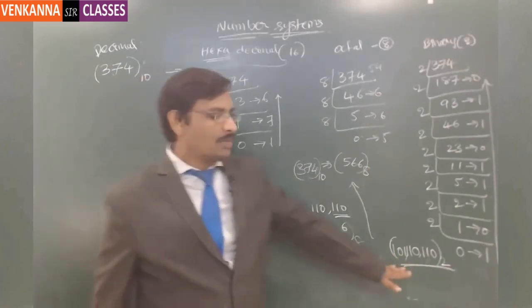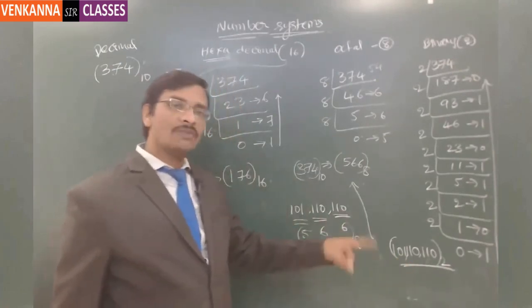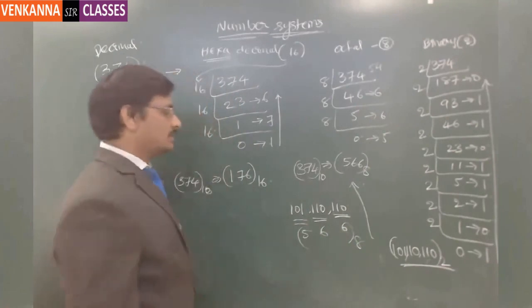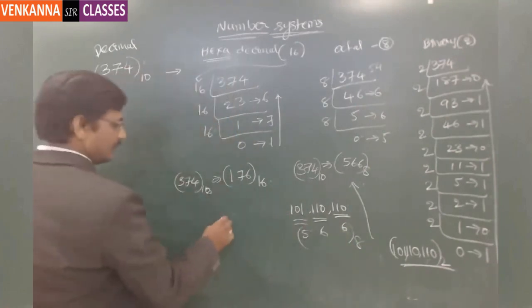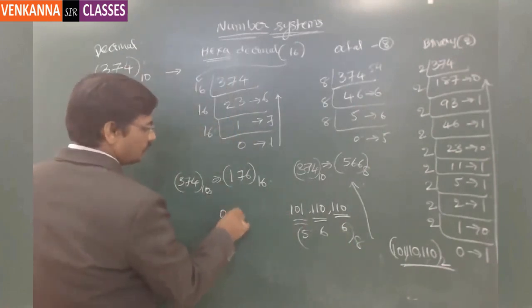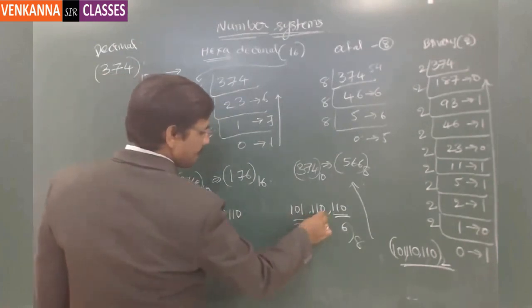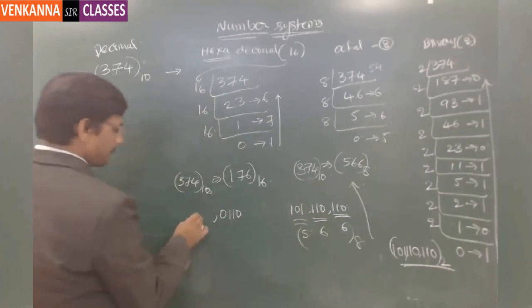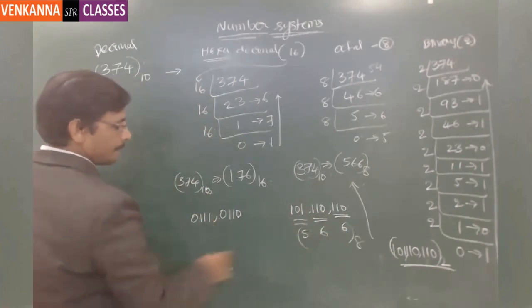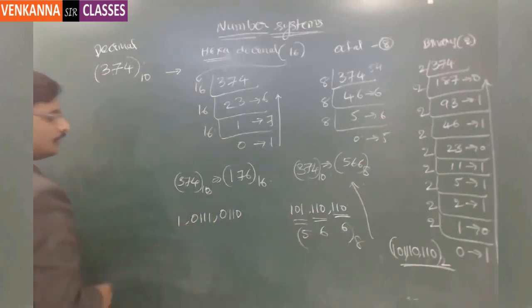Now the same number, if you put a comma after 4 digits, let us say 0110, then afterwards 0111, and then 1.